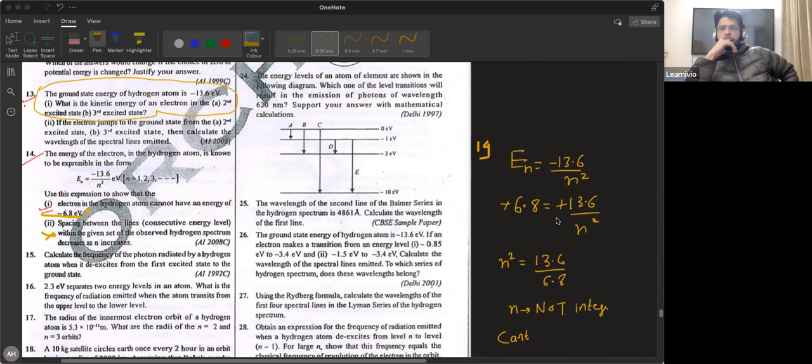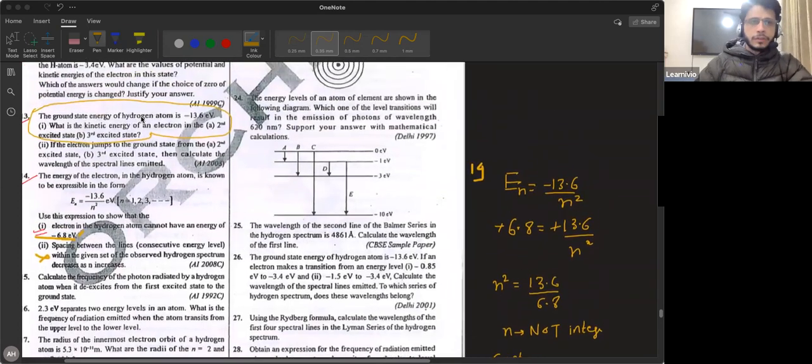Noah, value of n for second excited state? So 3. In the n equal to 3 state, you just have to calculate the value of total energy. There's a relation between kinetic energy and total energy. We have derived that kinetic energy is just the negative of total energy. So if you can calculate total energy, you know kinetic energy.